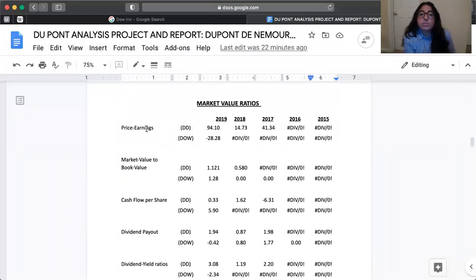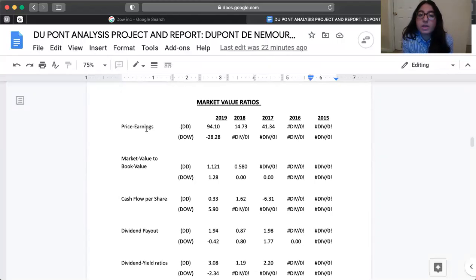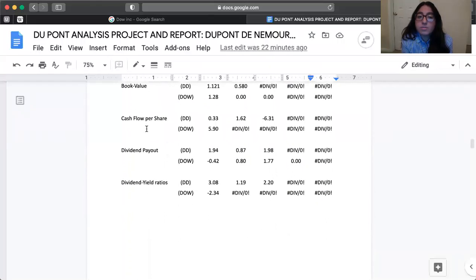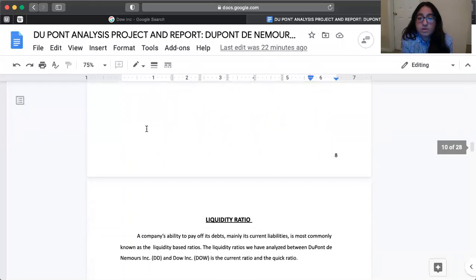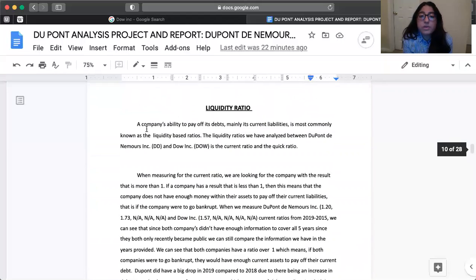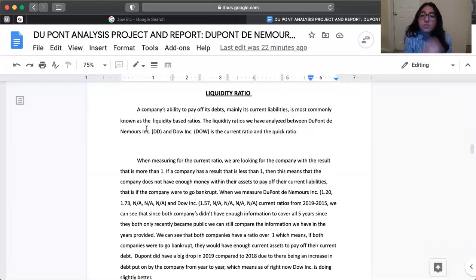So the price earnings, the market value to book value, the cash flow per share, dividend payout, and dividend yield ratios from 2015 to 2019.